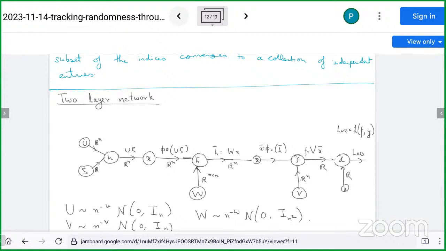What about W? What the derivative with respect to W is similar.